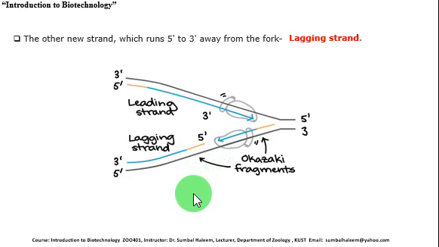So this tricky strand is made discontinuously, in fragments, and those fragments are known as Okazaki fragments. They are named for the Japanese scientists who discovered them.